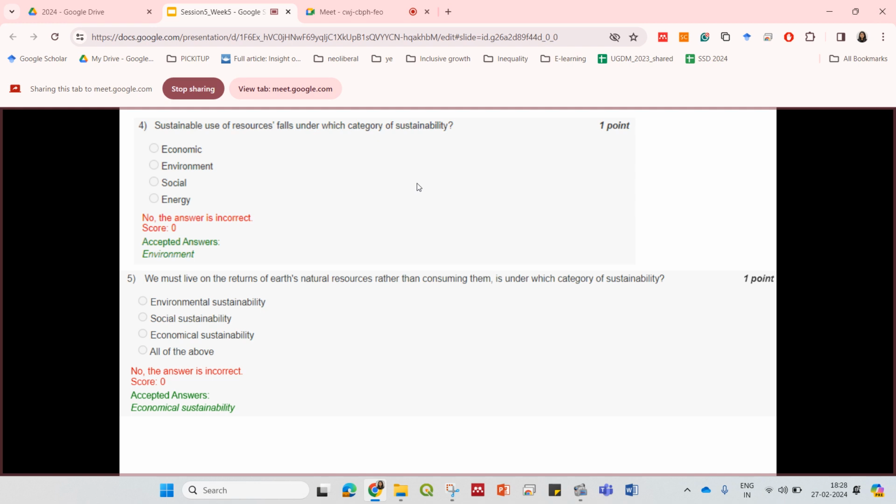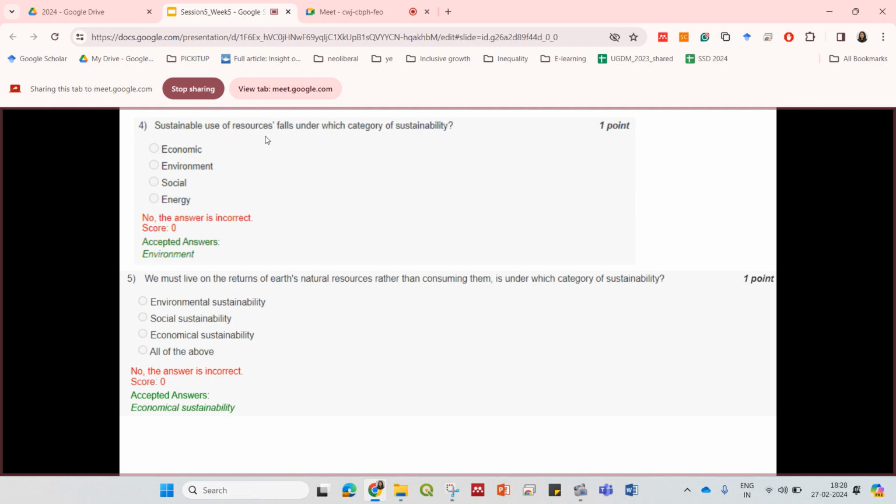And the way we put the definition, so this is the definition which I showed you, and this is the one which you got in your question. So this definition talks about use of sustainable resources under the category of sustainability.